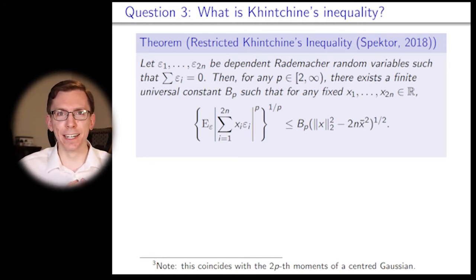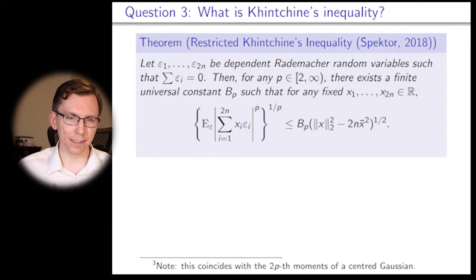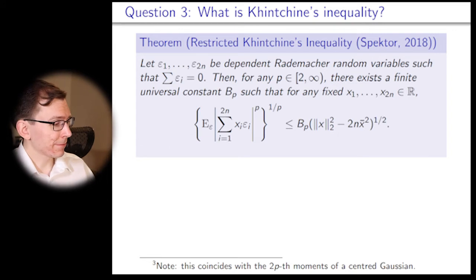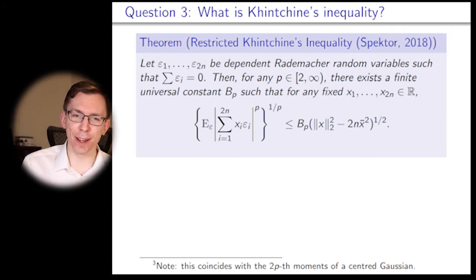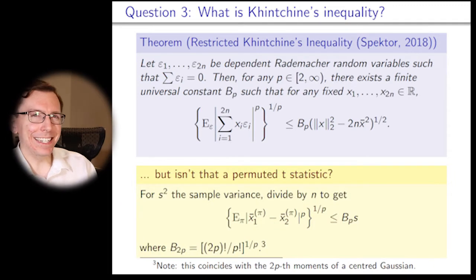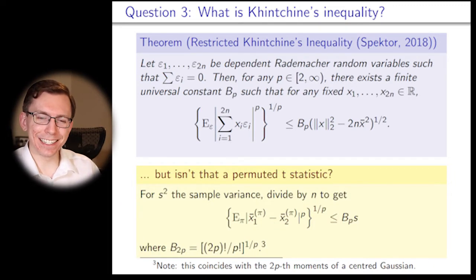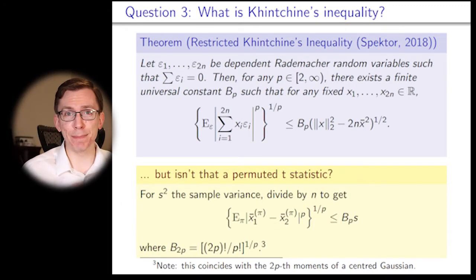Rather than having a collection of IID Rademacher random variables, we're going to assume that they sum to 0. So they're going to be weakly dependent. There's going to be a slight dependency among my Rademacher random variables. That means exactly half of them are going to have a value of -1, and I'm going to randomly assign the other half to have a value of +1. Isn't this just a two-sample permutation test? And that was the basis for the beginning of this work.